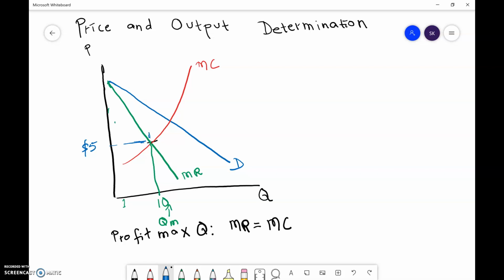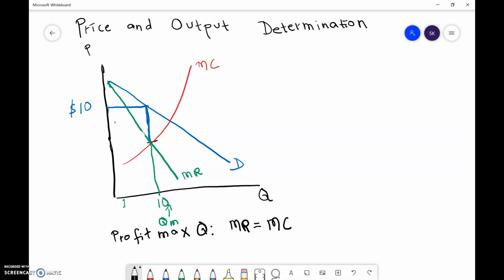I'm going to extend this green line all the way up till it hits the demand curve, and the monopoly price is equal to $10. So just remember here, when the marginal revenue and marginal cost are intersecting at that point, I'm drawing a line to the horizontal axis.